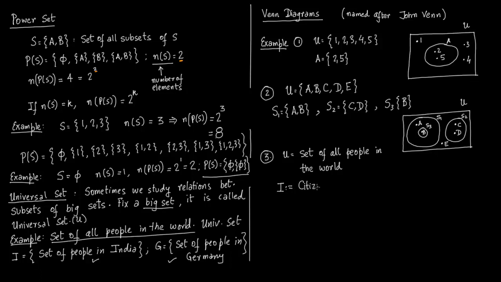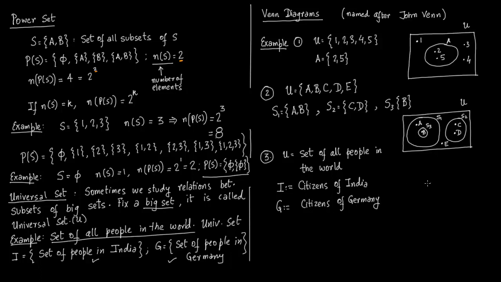Some countries of the world allow dual citizenship. For example, the US allows you to have citizenship of as many countries as you want to, but India does not allow dual citizenship. So if we have 2 sets, citizens of India and citizens of any other country of the world, those 2 sets would be disjoint.